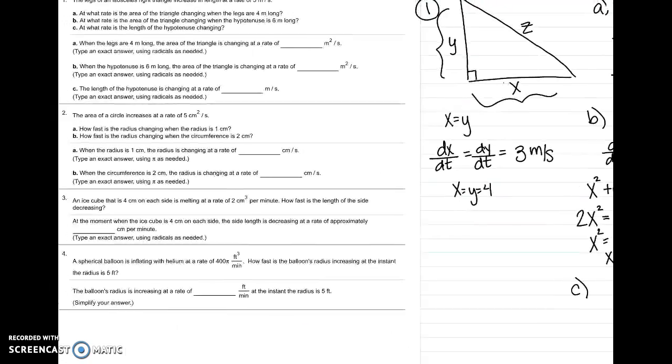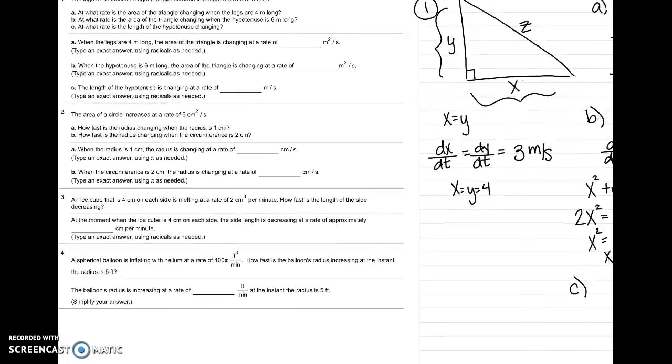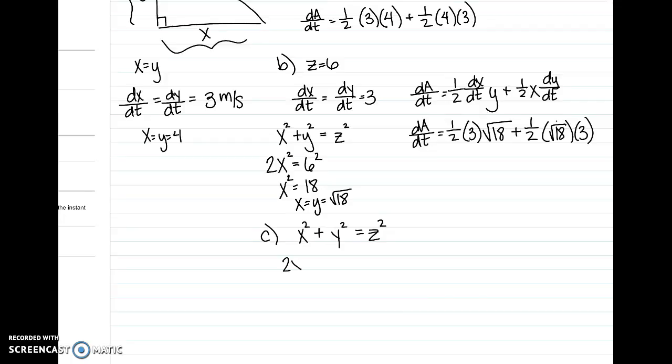Part C says the length of the hypotenuse is changing at a rate of blank. Okay, so we are looking for dz/dt this time, right? So we have x squared plus y squared equals z squared. So 2x dx/dt plus 2y dy/dt equals 2z dz/dt.